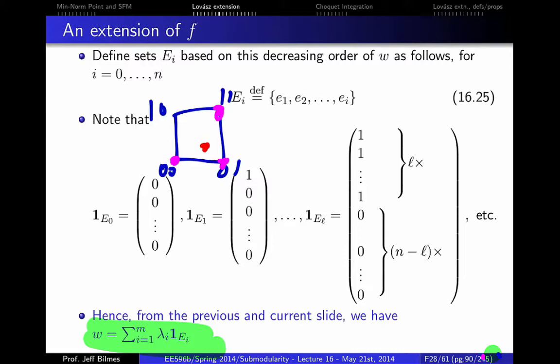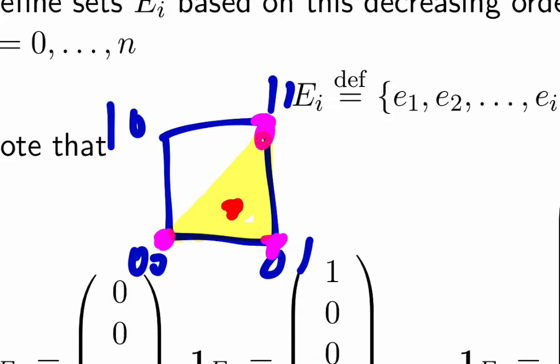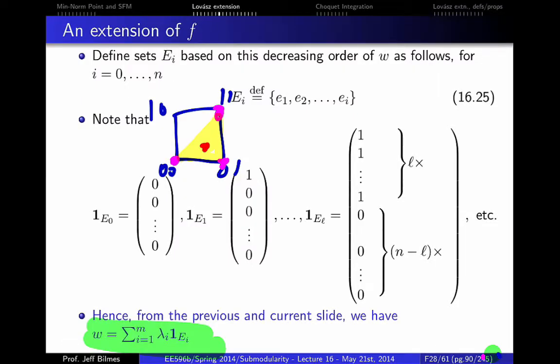You've then defined a region of the hypercube, this lower triangular region. The red point can be seen as an interpolation of the magenta points, and the coefficients correspond to the lambdas.